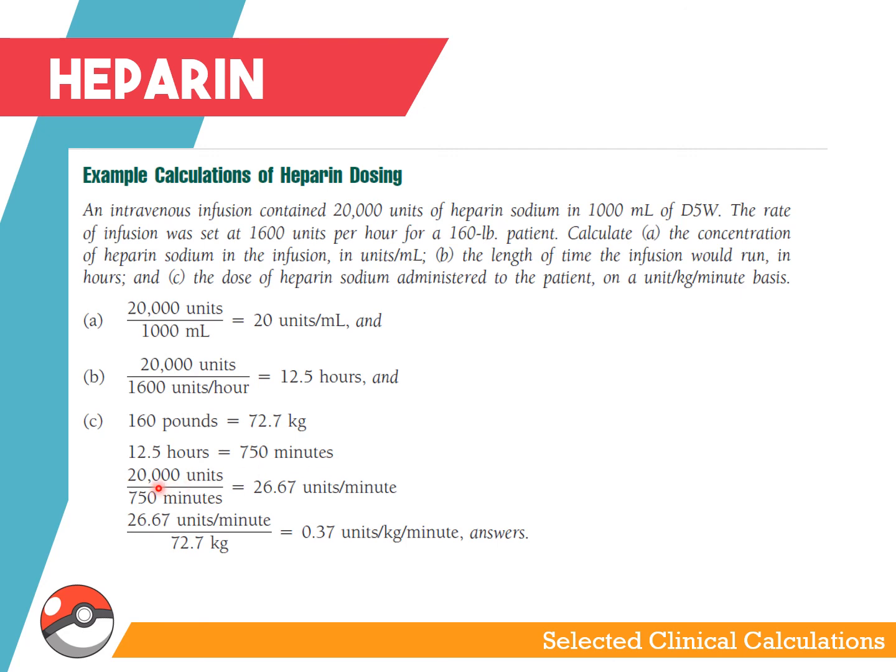And next, we will divide the total number of units by the number of minutes. So we will have 26.67 units per minute. And then since we were asked the number of units per kilogram, we will also divide this by the number of kilograms. Okay, so the answer is 0.37 units per kilogram per minute.